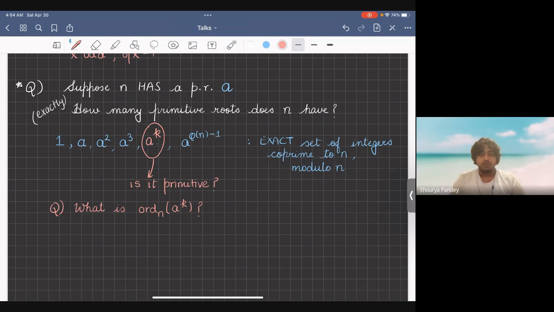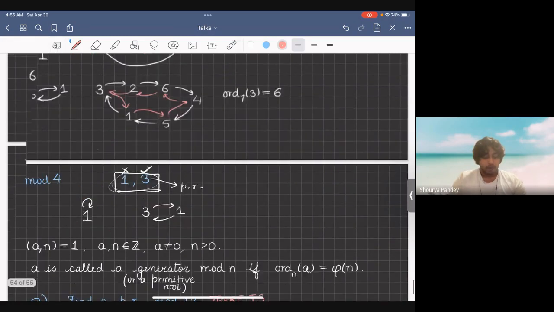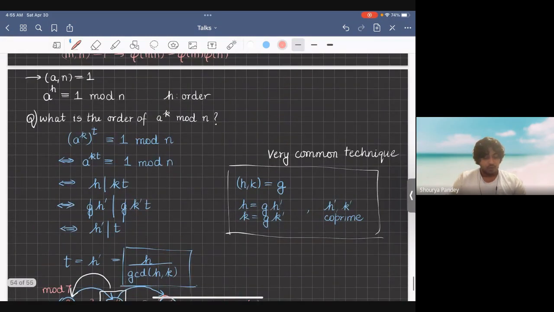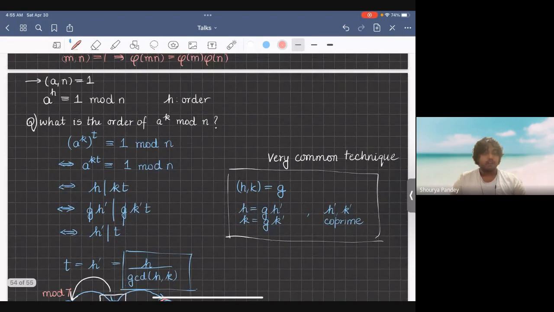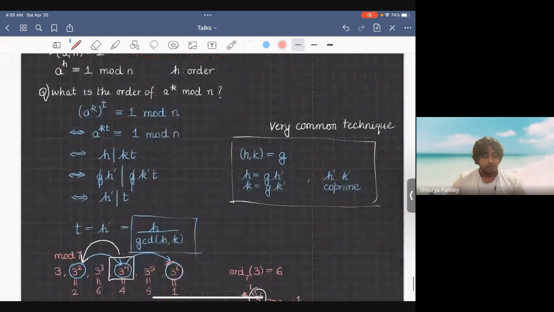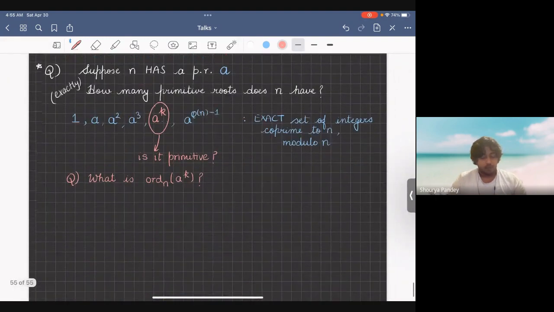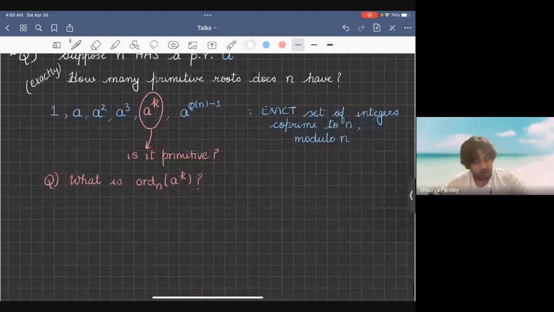Let me go back to that problem. Here is where we saw it. We saw that if the order of a is h, then the order of a to the k is h upon GCD of h comma k. So a to the phi of n is 1 mod n.